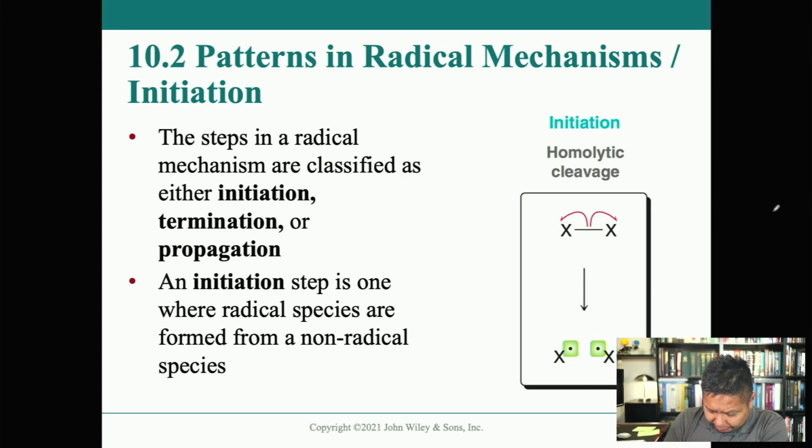So here we have a non-radical species, which is the dihalide, like bromine gas or chlorine gas, Cl2, Br2, something like that. And they do homolytic cleavage, right? And so an electron from the bond goes to each of them, right? A single electron goes to each of them, and you get 2 radical halides, okay? 2 radical halides.